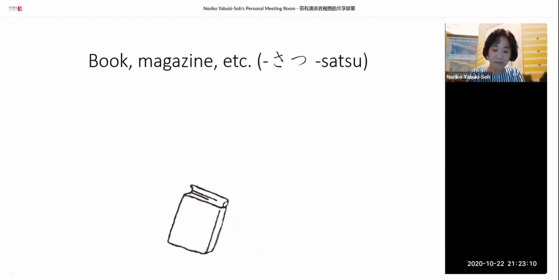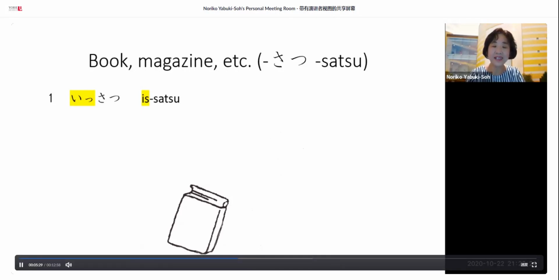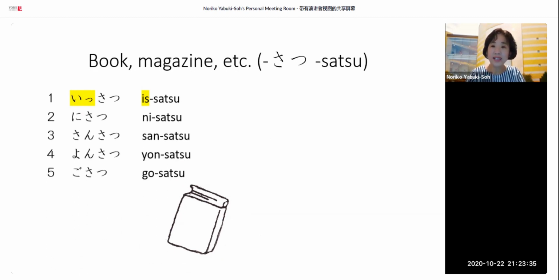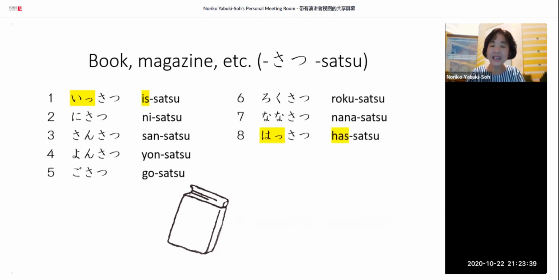Next, for books, magazines, notebooks, things that are in a book form, use satsu, please. It starts with one irregular one, the number, instead of ichisatsu, we say issatsu, double consonant, S sound, issatsu. 2冊、3冊、4冊、5冊、6冊、7冊, and another irregular one, 8冊.